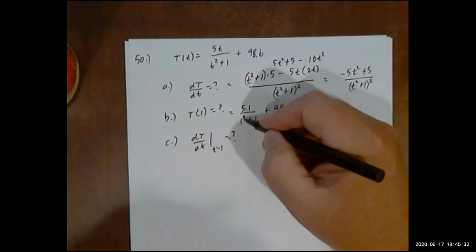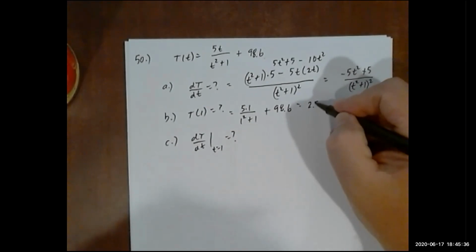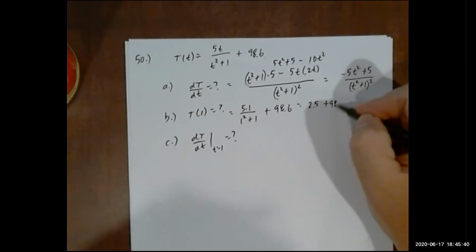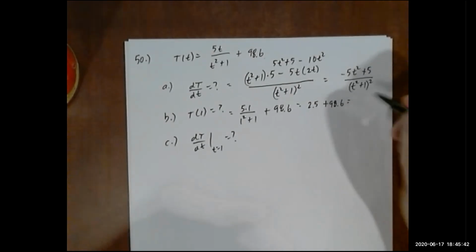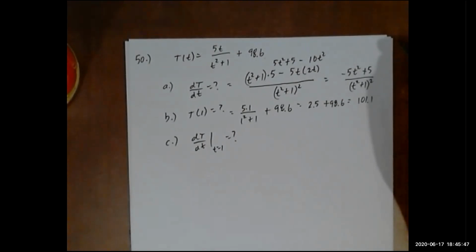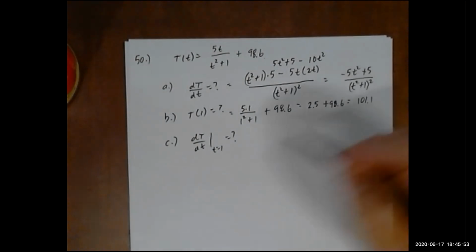This is going to be 5 over 2. 5 over 2 is 2.5, plus 98.6. That looks like 101.1. I'm going to go and enter that in a minute. Let's go and do this part.